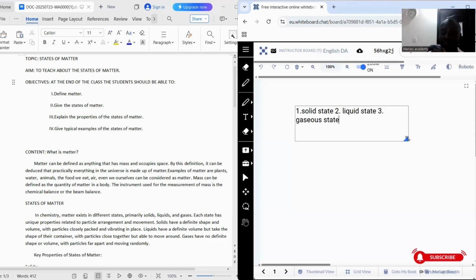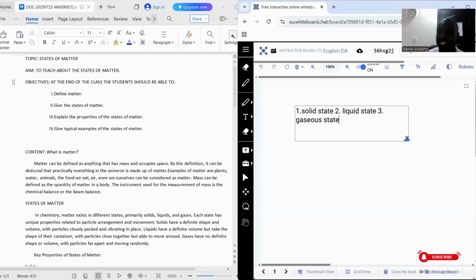Now, in a solid, the particles are closely packed together and held by strong forces of attraction. So there are strong cohesive forces holding the particles of a solid together. Therefore, there's restricted movement of particles in solids. The particles move, but they tend to vibrate about a fixed position.